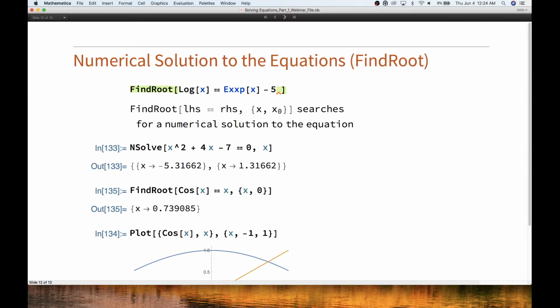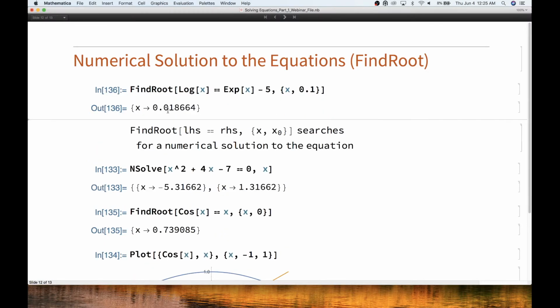So in this scenario, if I give the starting point of 0.1, it will give me the value for this at 0.016.